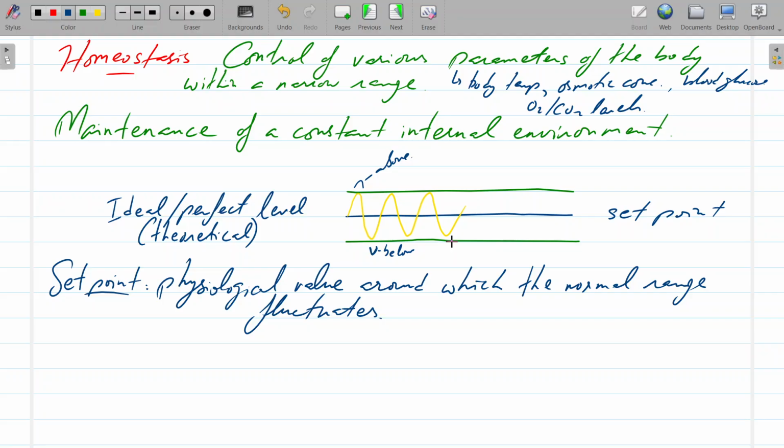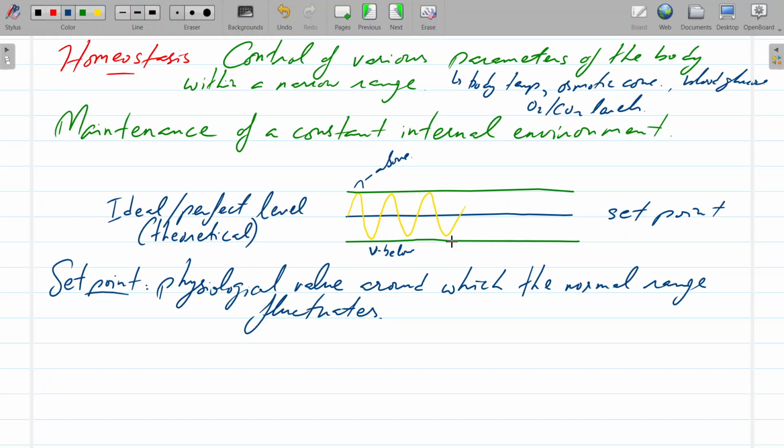Fevers happen. I mean, one reason why they happen is because of an infection, right? But they also control the body temperature. So that is a scenario where homeostasis takes a backseat.